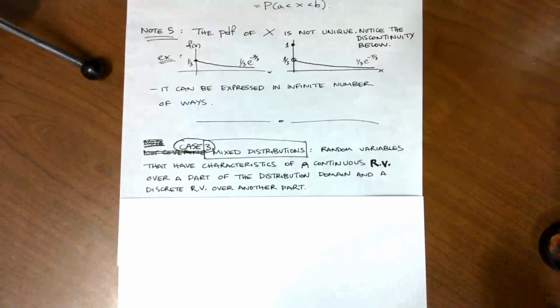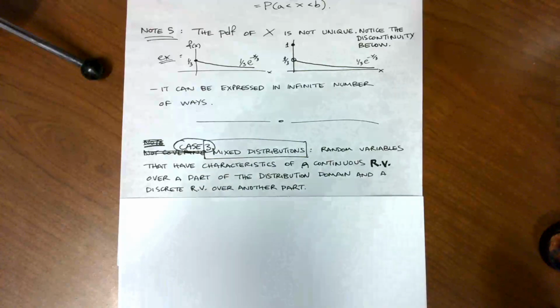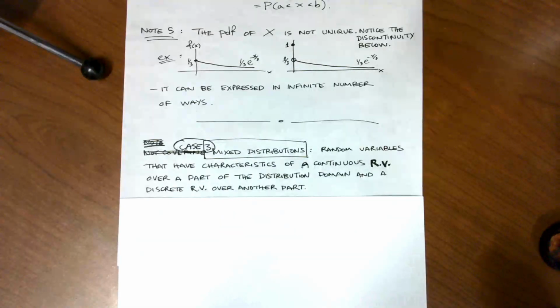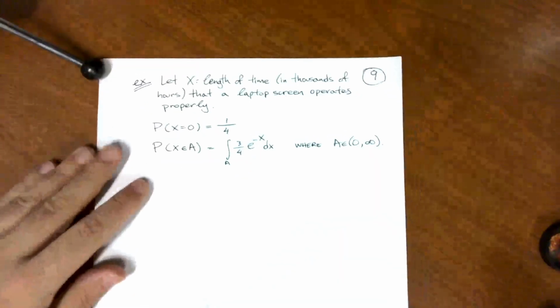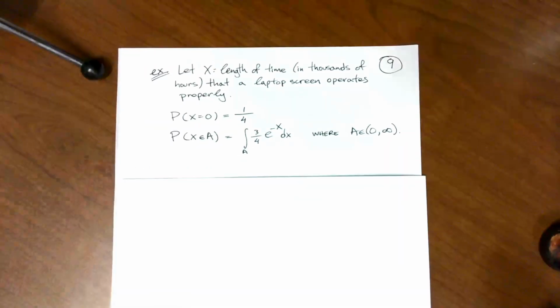This point gives rise to a third case of the types of distributions that you can have. There is the idea of a mixed distribution. These are random variables that have characteristics of a continuous random variable for a portion of the domain of X, and discrete random variable characteristics for another part of the domain. An example here would be the length of time, in thousands of hours, that a computer or a laptop operates properly.